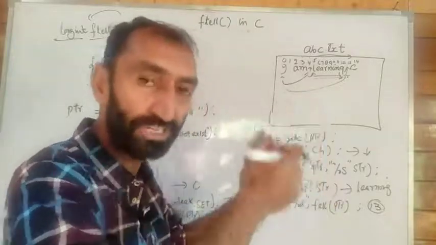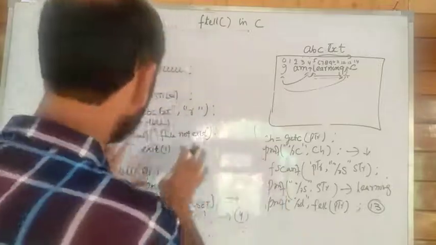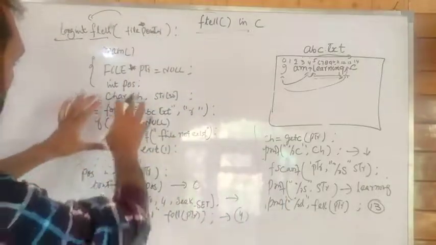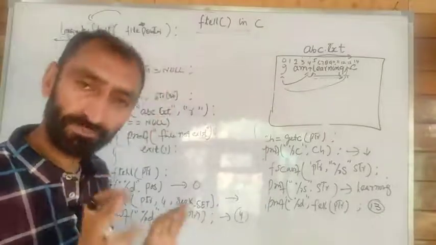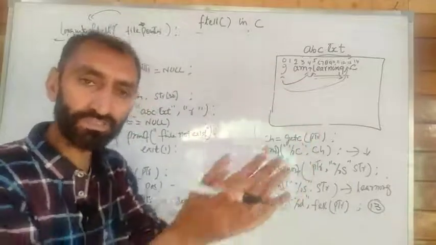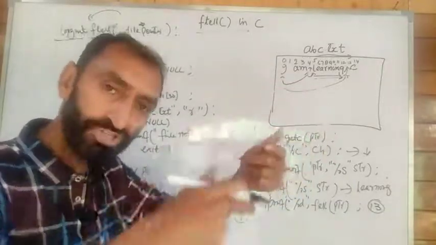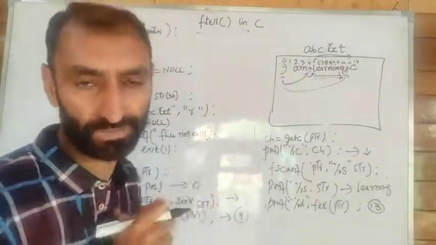That is what the ftell function returns. Now I hope you know to some extent the function of this. In simple words, the ftell function is used to know the position of the file pointer with respect to the starting or beginning.